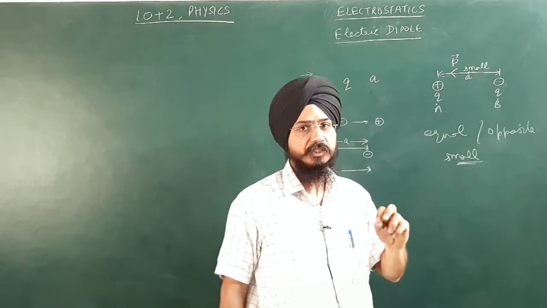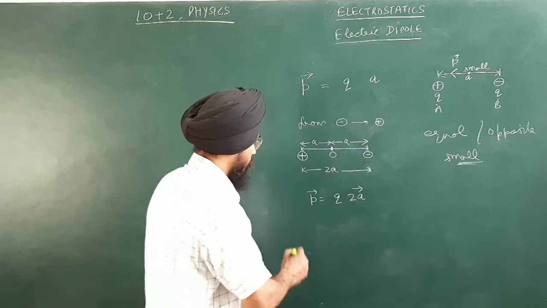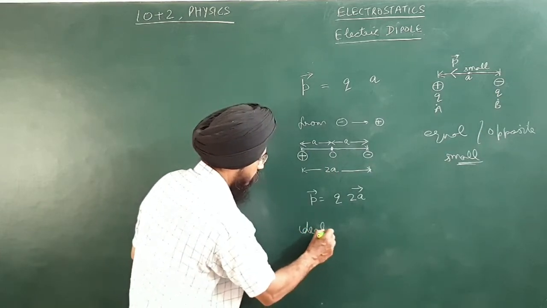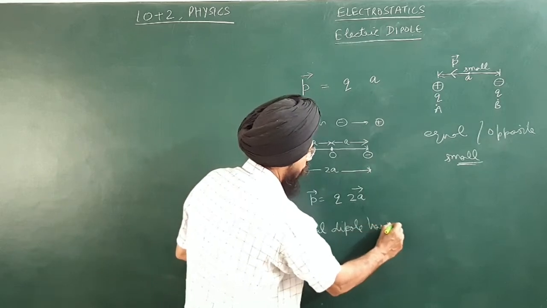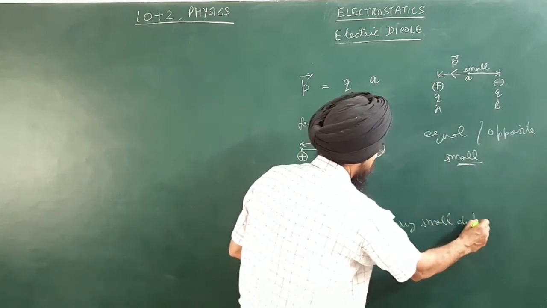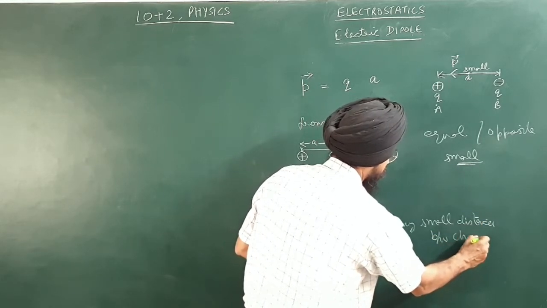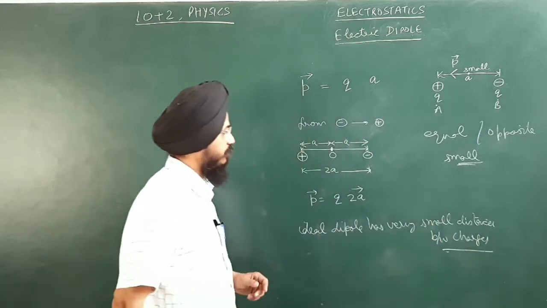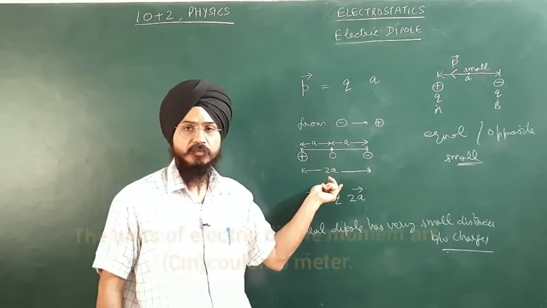If the distance is small, then it will make an ideal dipole. So an ideal dipole has a very small distance between the charges. So this is the electric dipole and this is the electric dipole moment.